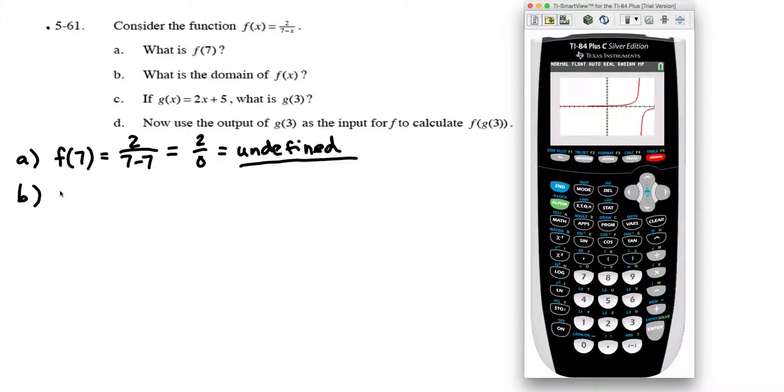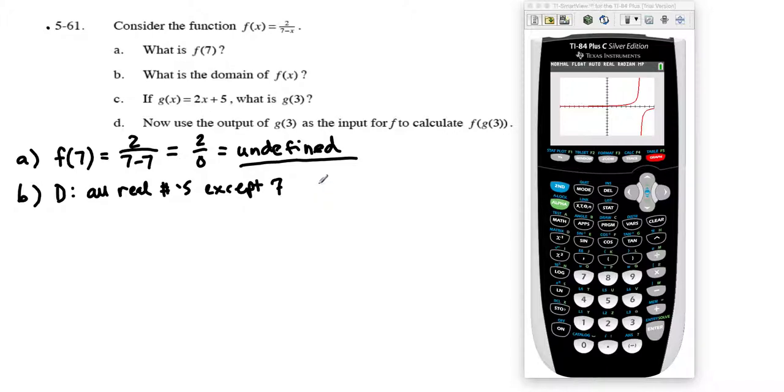So our domain is going to be, you'd say, all real numbers except 7. I think that some books write, x cannot equal 7, meaning that's the only value that it cannot be. So you could do either one of those, would be fine.